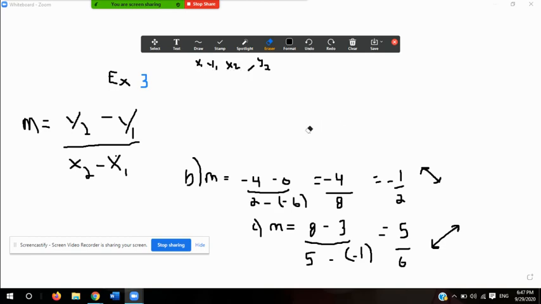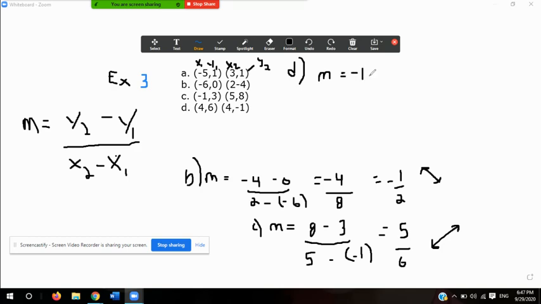Okay, so D, I'm doing it here because I have the space, our m is going to be y sub 2, which is negative 1, minus our y sub 1, which is 6, over our x sub 2, which is 4, minus our x sub 1, which is also 4.